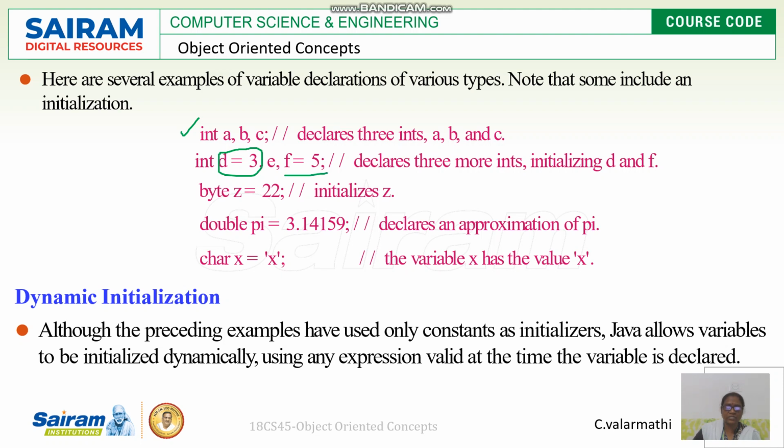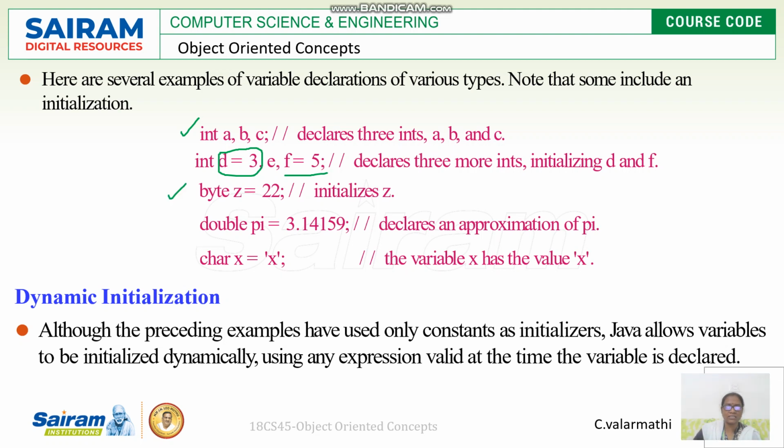Similarly, f is also initialized with a value. So you must know the difference between declaration and initialization. Declaration is declaring a variable without a value. But if you mention the variable with some initial value, that is called initialization.